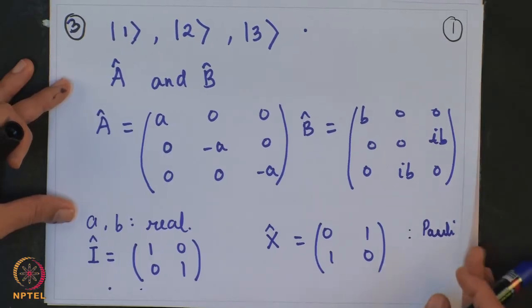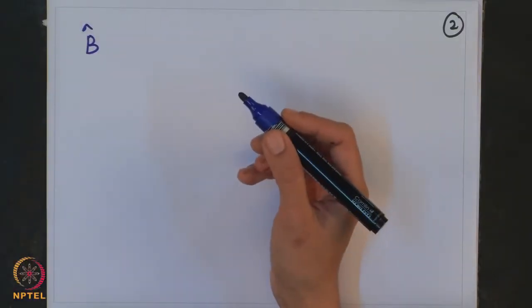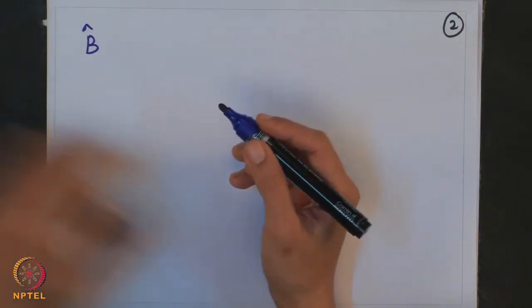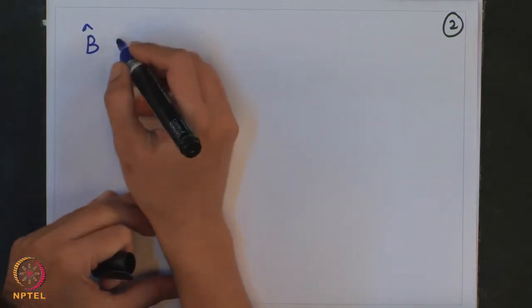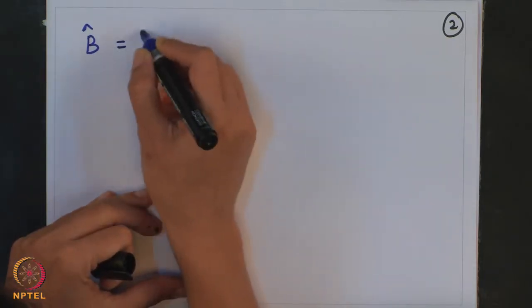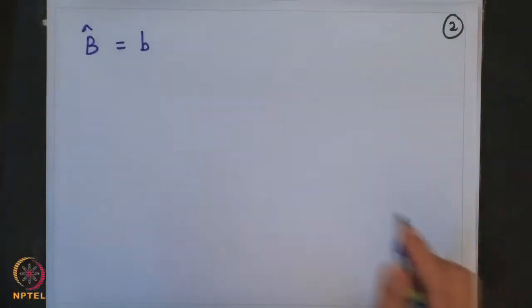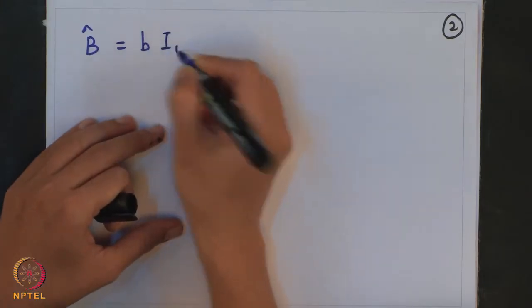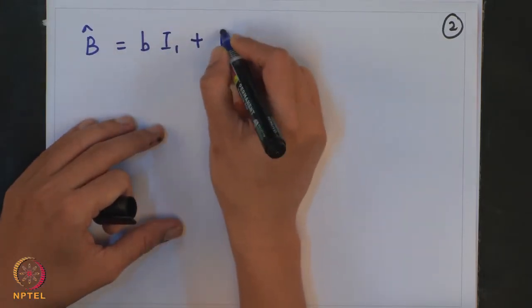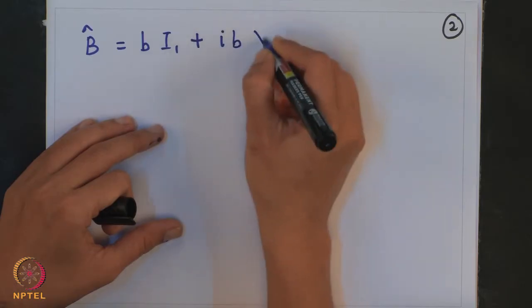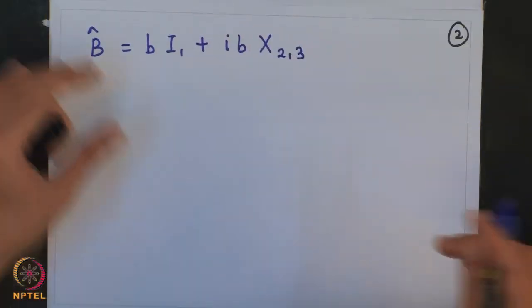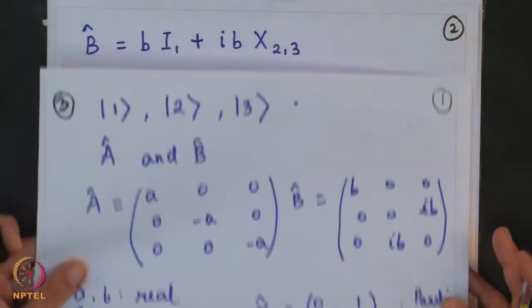Let us see whether it is easy to write and recognize the eigenvalues and eigenvectors. Operator B can be rewritten as B times I, 1, plus IB times x, 2, 3.